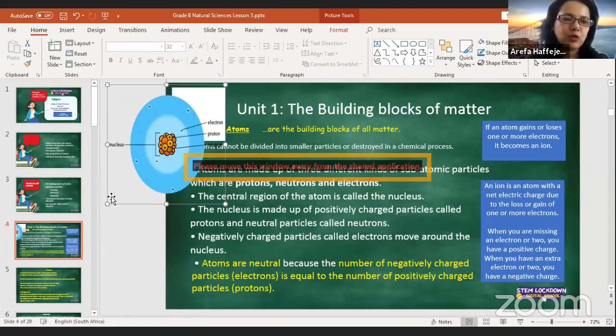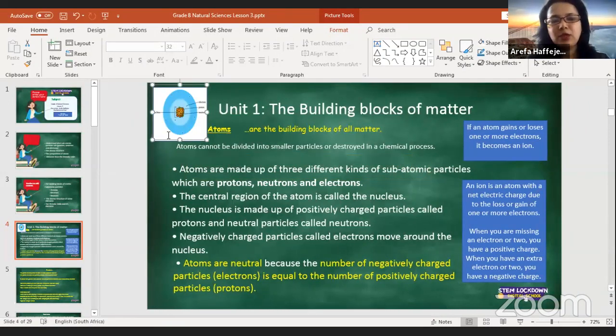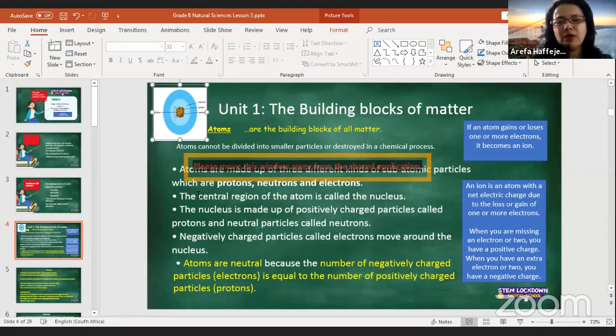It's actually sort of orbiting, but it doesn't orbit on its own and it's not free. You know, like in space, when you have all your planets, they each move around their own orbit. Just like here in this atom, each electron moves around an orbit, but in a specific manner, which I'll discuss a little bit later on.